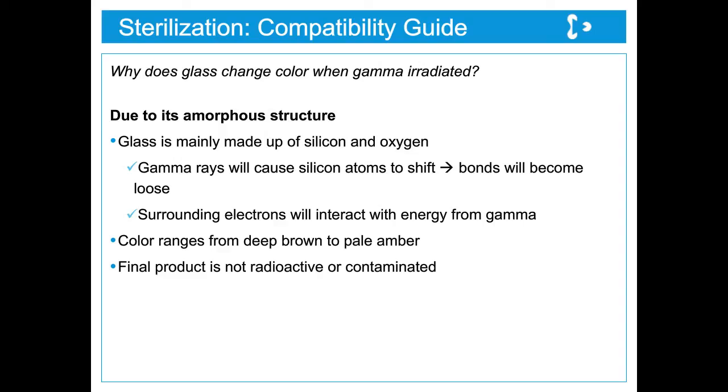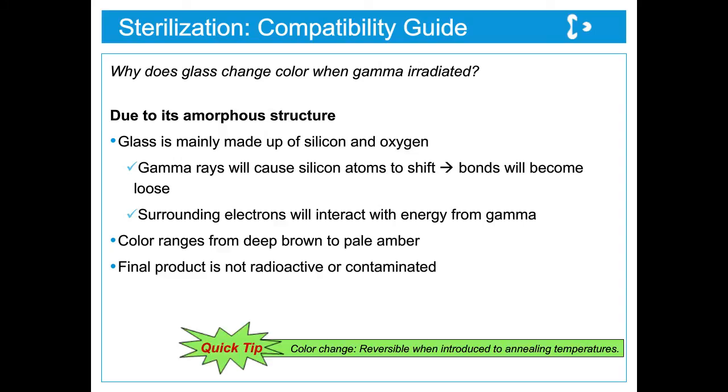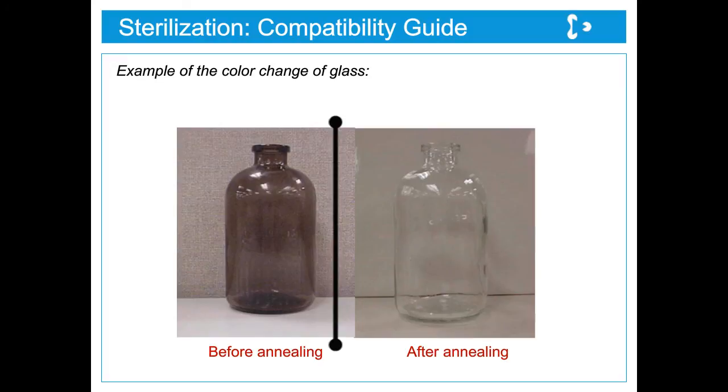This takes me to my last quick tip of the session, which is the fact that the color change is reversible when it's introduced to annealing temperatures. And I'll show that in this slide here. What I have on the left is a molded container that actually was gamma irradiated. It was originally clear, and you can see it changed color from clear to this amber color.